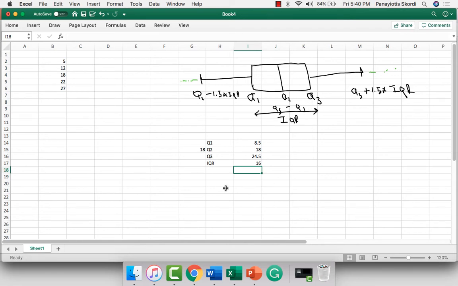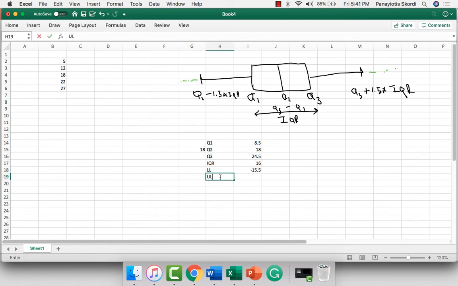So what else do we have? Lower limit, just call it LL. The lower limit is going to be the value in here. That's going to be equal to Q1 minus 1.5 times the interquartile range. It's a negative number, it's okay.